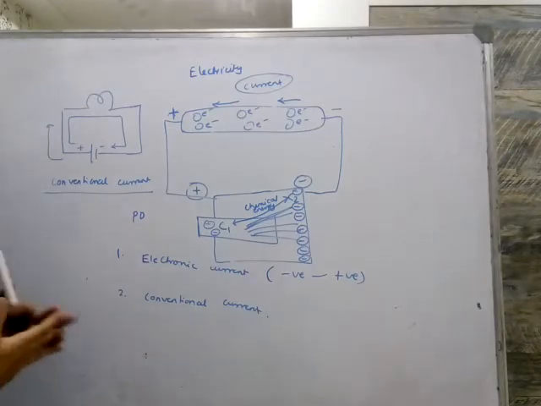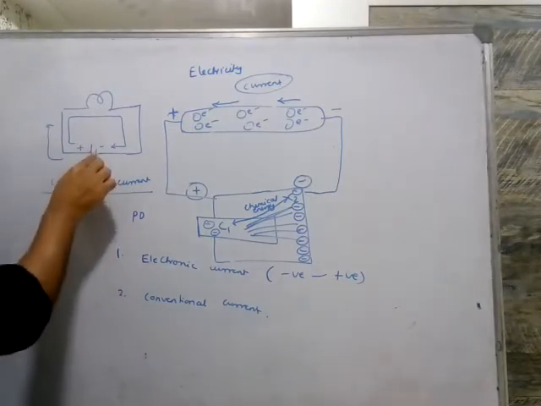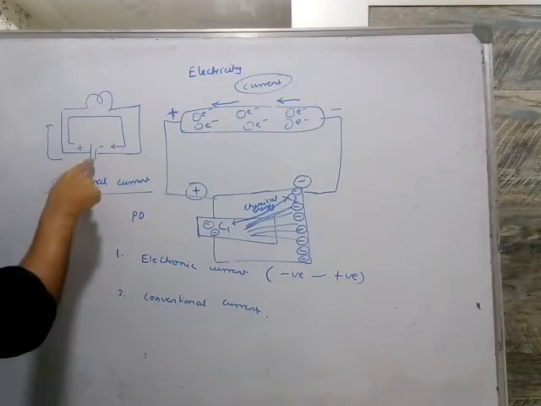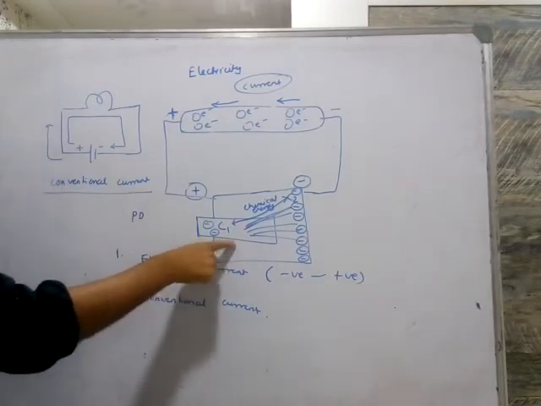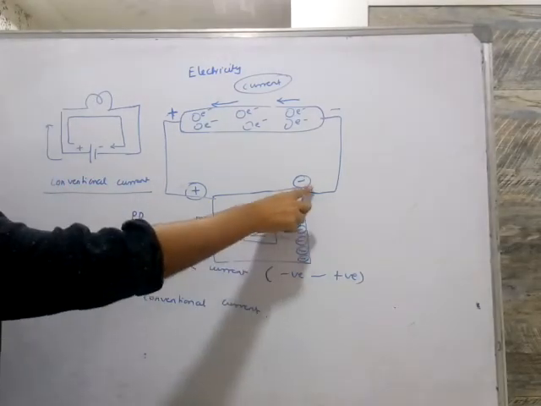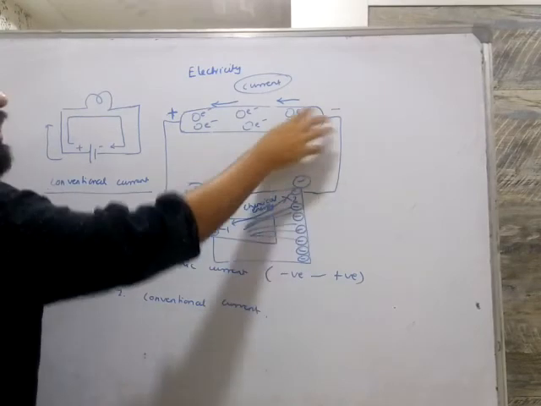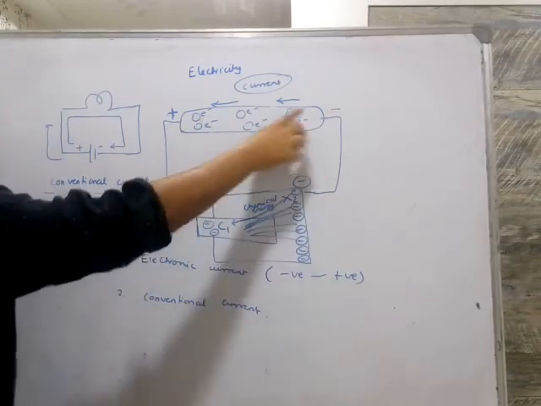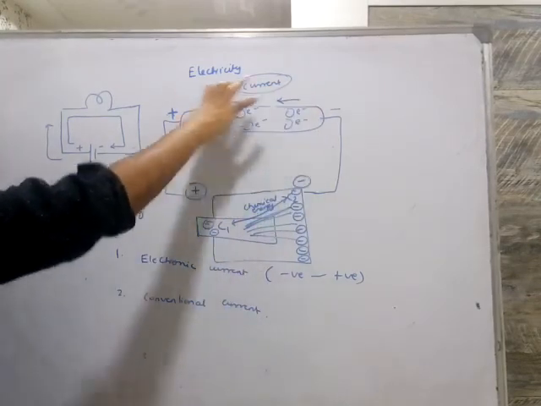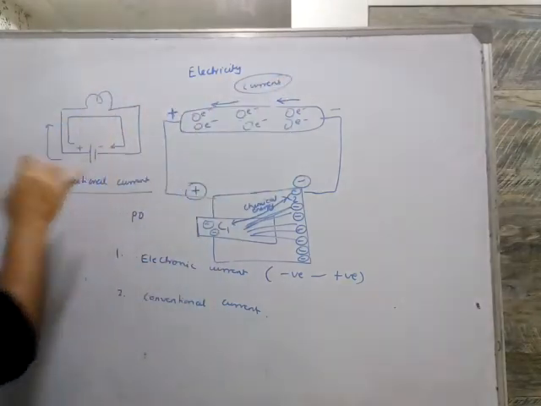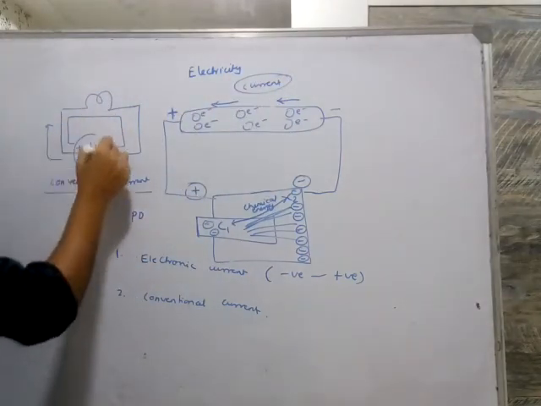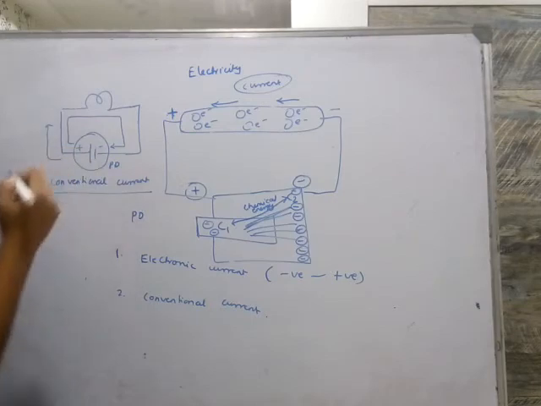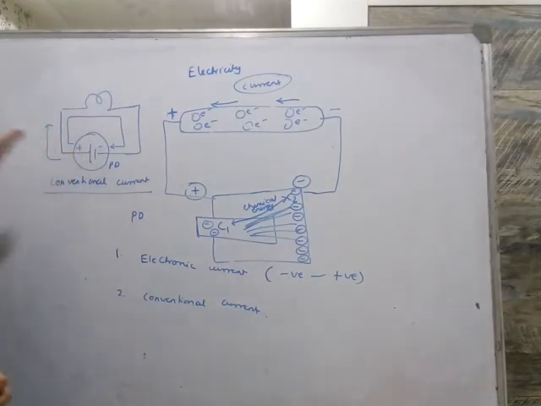Because of the potential difference, there is some reaction happening. In these cells, as we have seen, because of the reaction, the negative charges are repelled, and it makes sure that the electrons move in a particular way. So in short, there is work done.